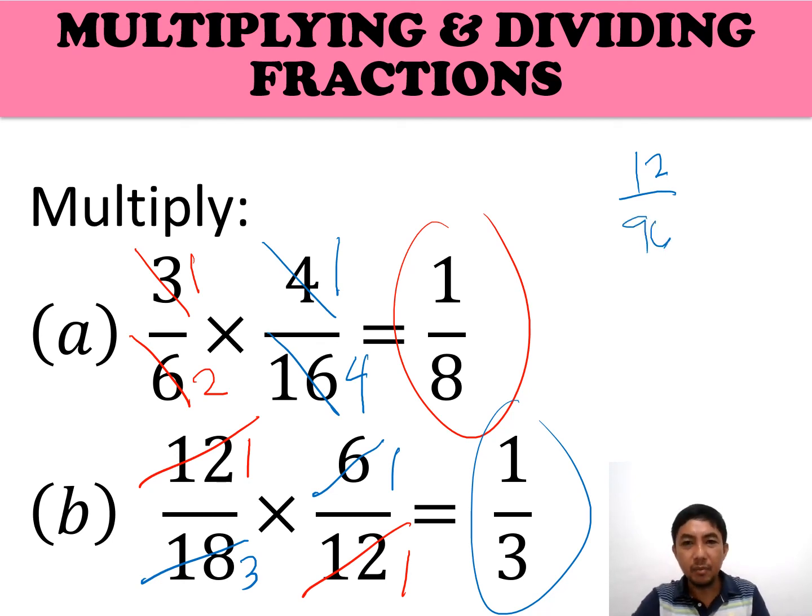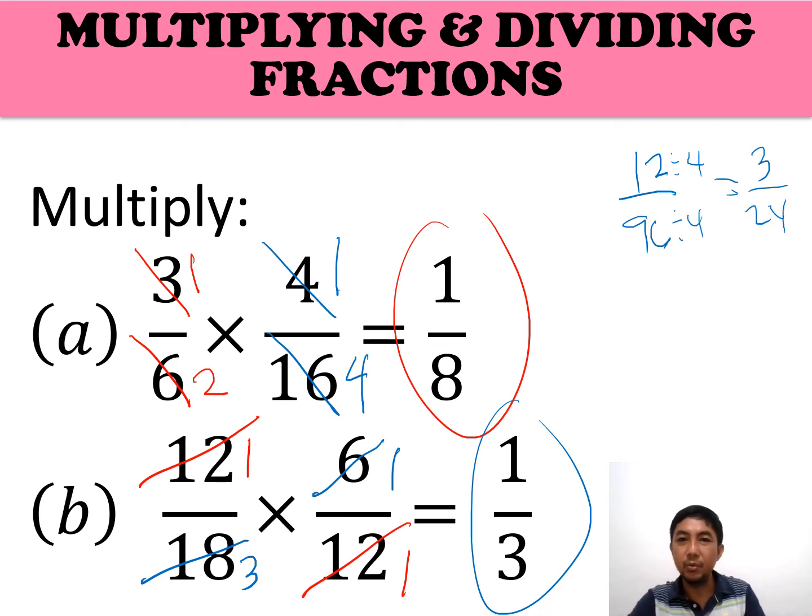Kaya lang, kung makikita mo, yung 12 over 96, medyo mataas na ng konti. Kailangan natin i-simplify yan or i-lowest term. So, i-try natin. 12 is divisible by 4. 96 is divisible by 4 also. So, 12 divided by 4 is 3. And then 96 divided by 4 is 24.